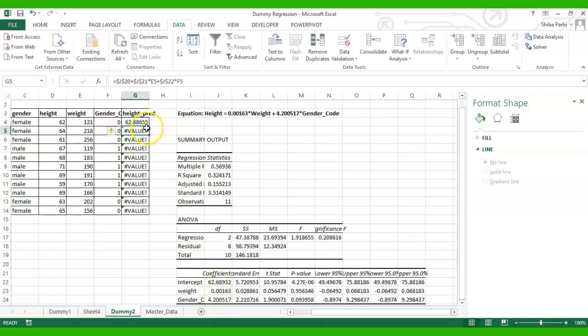So this is the way I can predict. Now let me put the dollar symbol. If I do not put the dollar symbol, the regression coefficient and intercept will not remain fixed.